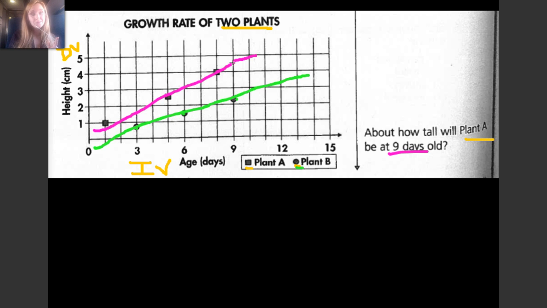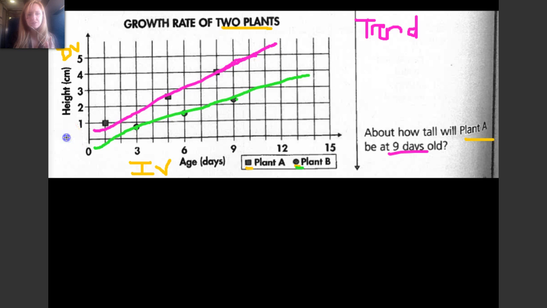So that's why it's really important that we understand that relationship. If this was a straighter line, I'd still be able to predict because we can see the trend. Trend, that's T-R-E-N-D, the trend. Remember, increase, decrease, constant, all right? And this is increasing. And we can predict that at 9 days, it'd be about 4.5, about 5.